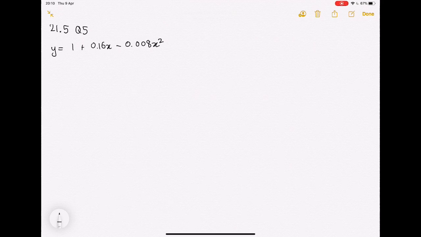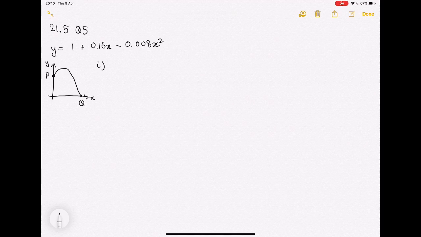We are told that it's projected from a point P and hits the ground at a point Q. This is our x-axis, this is our y-axis. In part 1, we're asked to write down the height P and find the coordinates of Q.